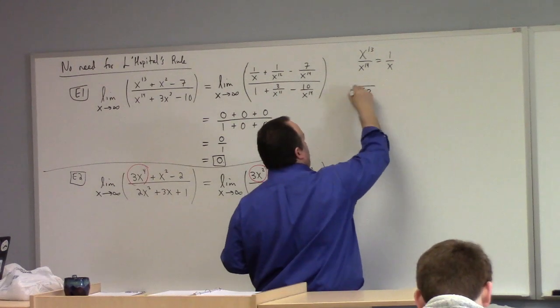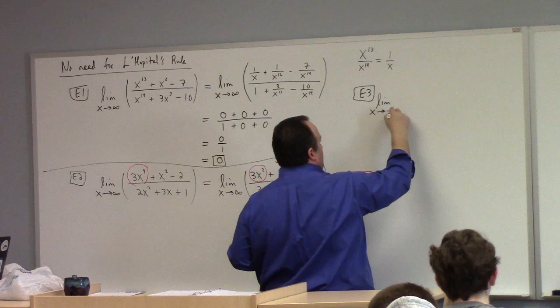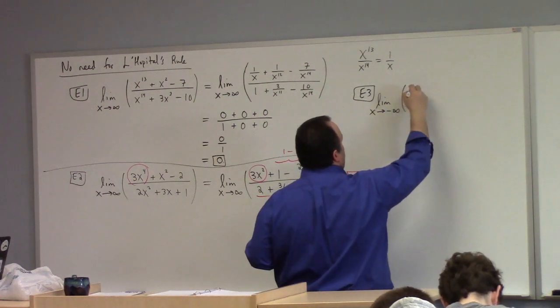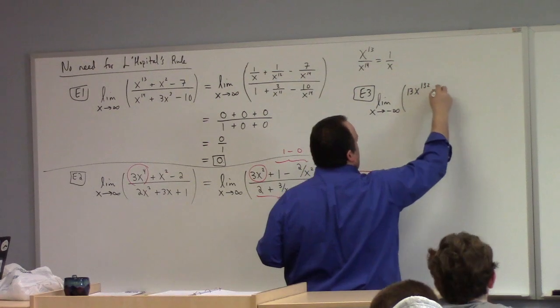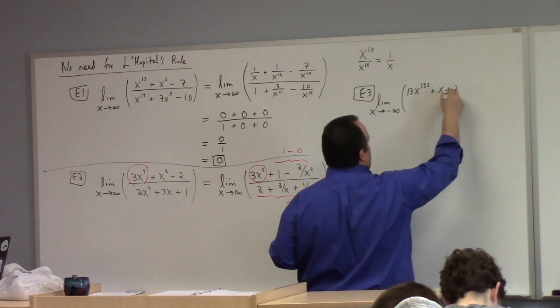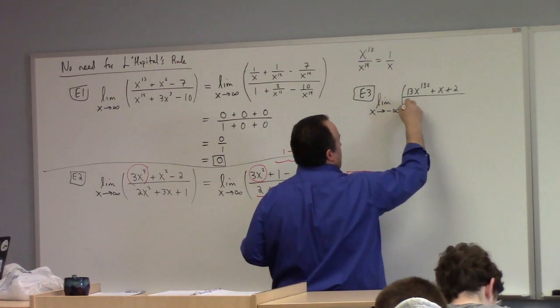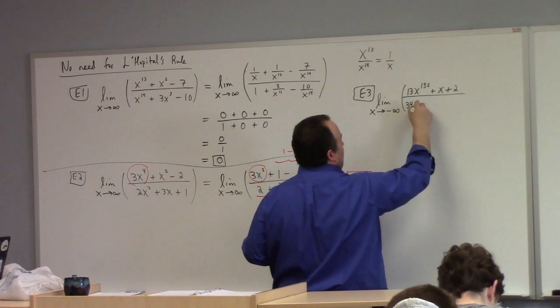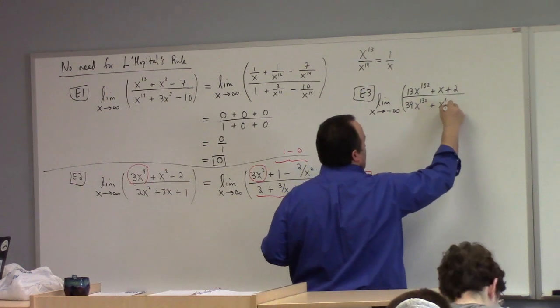What if you had something like the limit as, and we'll do minus infinity for a change, x goes to minus infinity of 13x to the 132nd power plus x plus 2, divided by, I don't know, 39x to the 132nd power plus x squared minus 42.